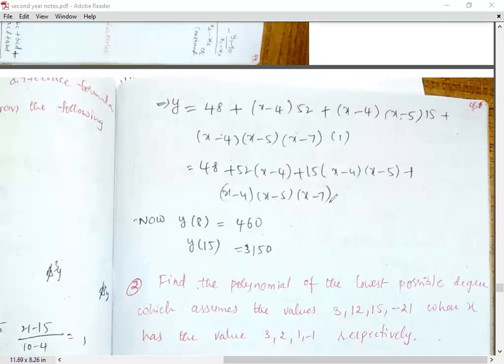One can simplify this. This is the required polynomial, which is of degree 3.